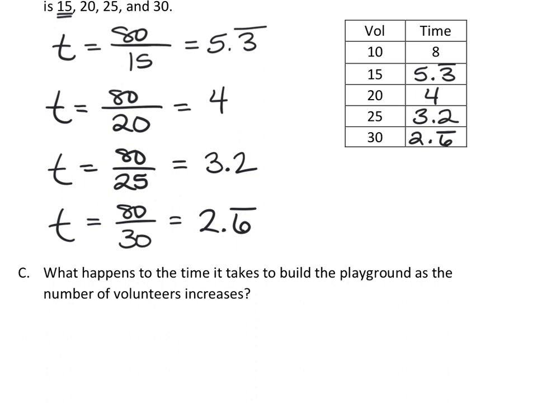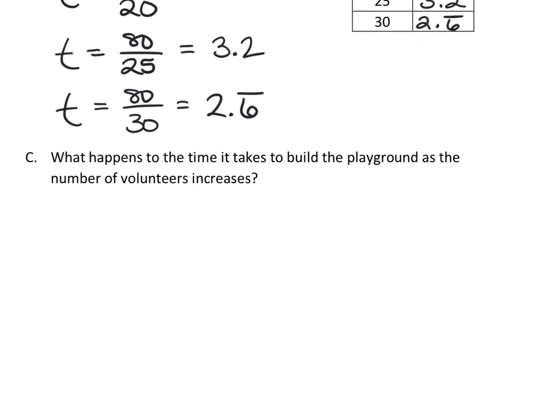So the reason that we study inverse variation is kind of like this conclusion question right here. It says, what happens to the time it takes to build the playground as the number of volunteers increases? So as these volunteers increase, what's happening to the time? It gets quicker.